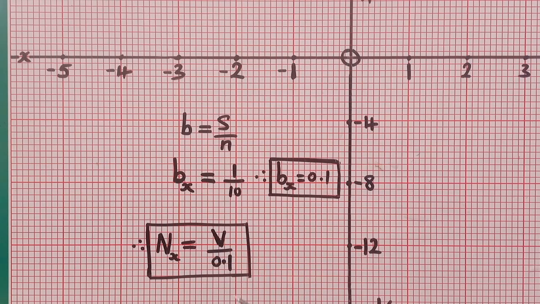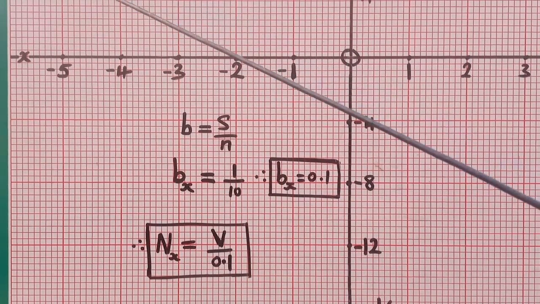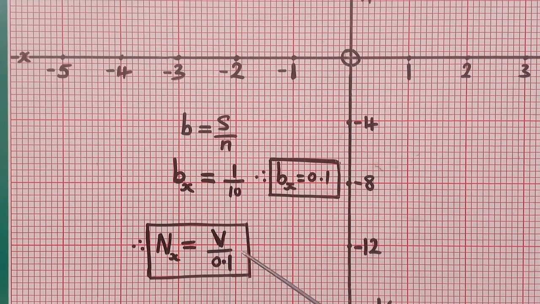What it means is that whatever value you're looking for, place it here and divide by 0.1. Whatever it gives to you, you count it. We're going to come back to using it afterwards. But at this point, just know that this is now a formula for locating every value on the x-axis. Every value on the x-axis. That is, nx is equal to v over 0.1.